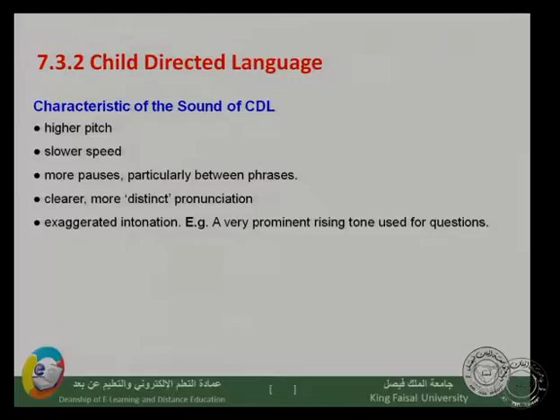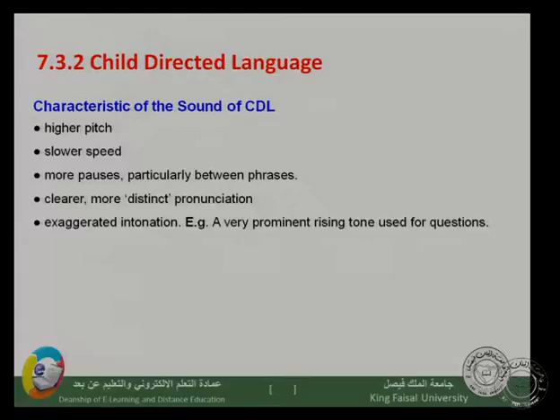We stop for a very short time in our speech, practically between phrases, practically between little clauses or small or simple sentences. We stop between one sentence and another, so that the child can understand that this is the end of this sentence, this is the end of this idea, so that he can process this sentence or that sentence, and take enough time to process whatever we say to him.